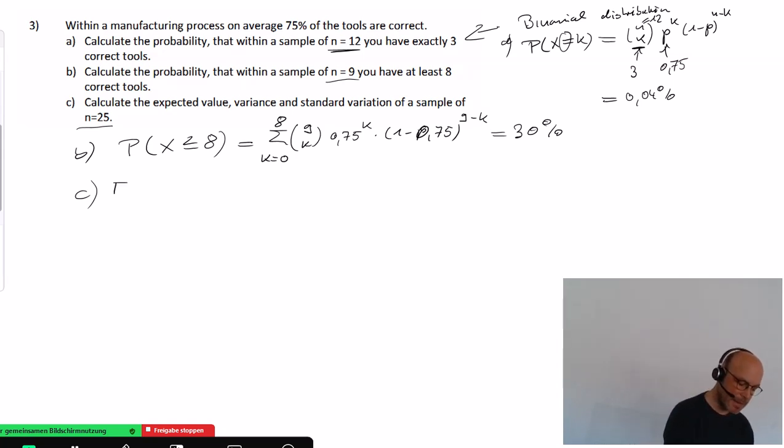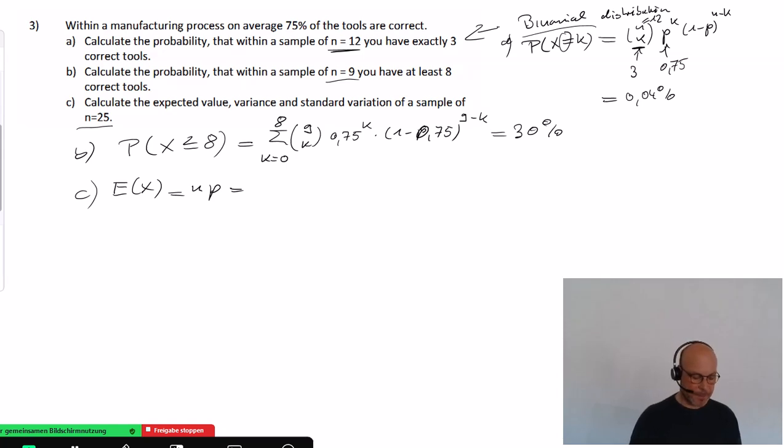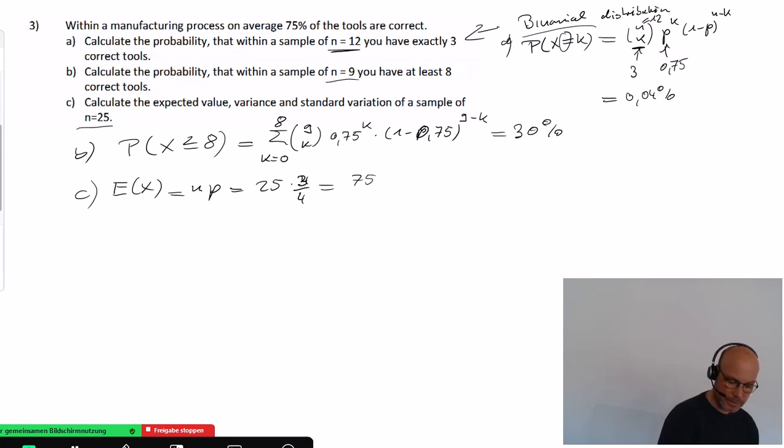Because remember, E of X for the binomial distribution just means that we have n times p, and this is then 25 times 3 over 4, which is 75 over 4.